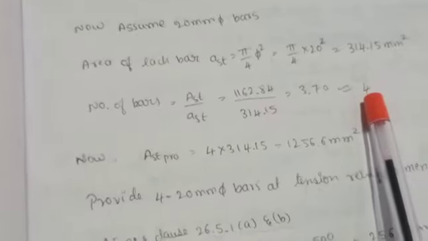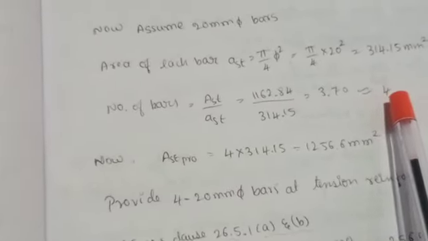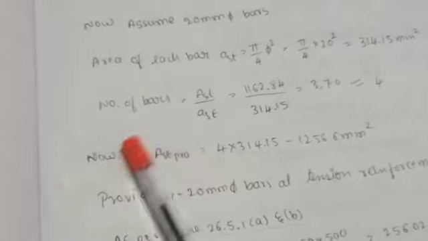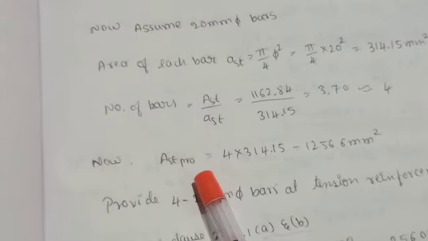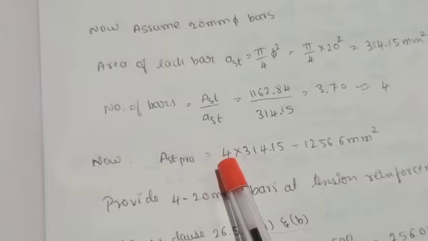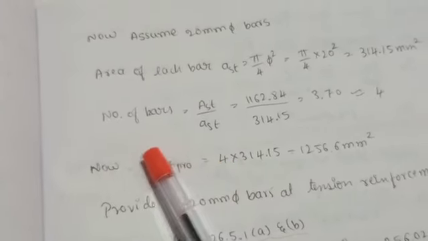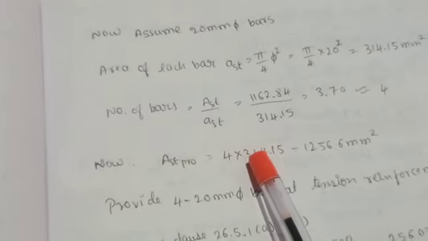After the calculation of number of bars, we have to calculate the Ast provided by using number of bars. For that, the formula is number of bars into area of each bar.